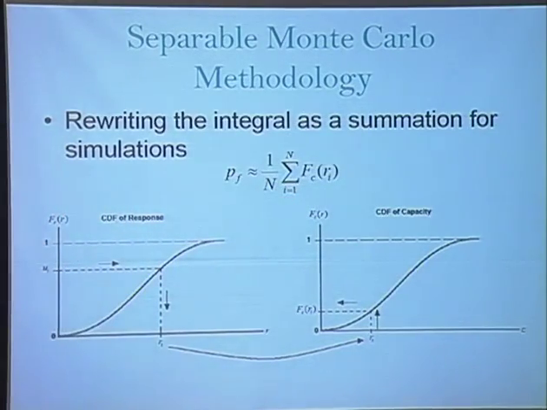Remember, the formula that we used is nothing more than calculating the average of the CDF of the capacity. So the probability of failure can be thought of as the average of the CDF of the capacity, average taken over the possible response values.